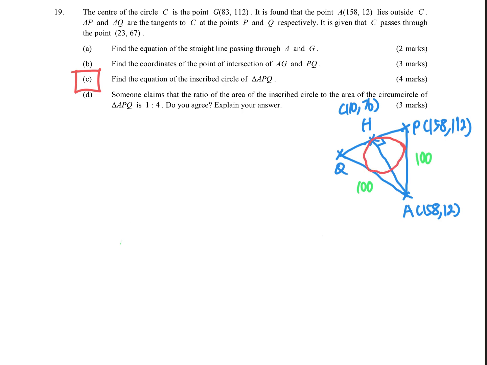Not so bad. The inscribed circle. We want to find this. So of course, for any circle, we have the center. So we try to denote the center to be K. And then the corresponding radius will be R. So let's try to write.